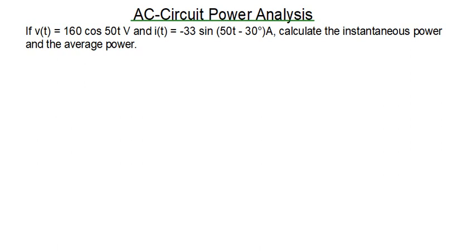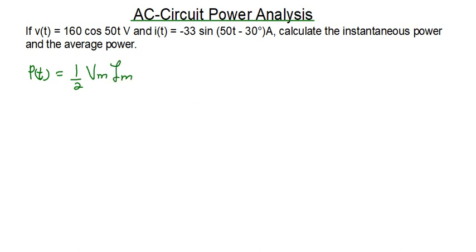So when you are trying to calculate your instantaneous power, the formula that we use is simply power at a particular point. You say p(t) is equal to 1 over 2 Vm, which is the Vmax, times Im.